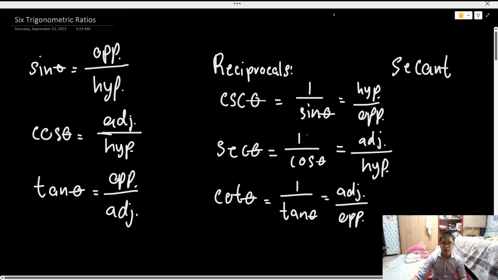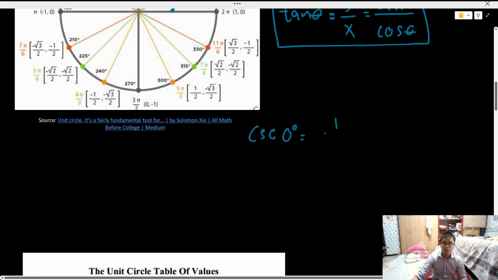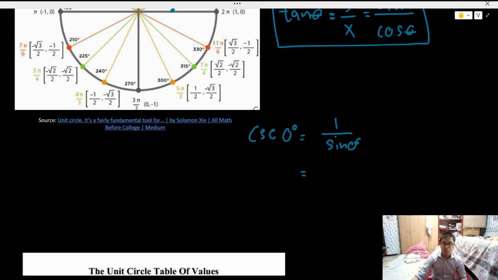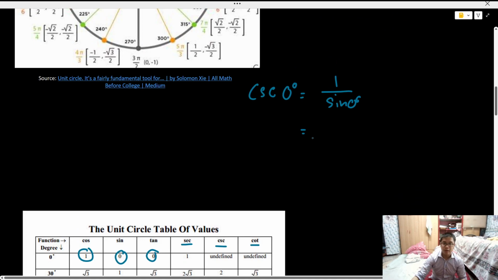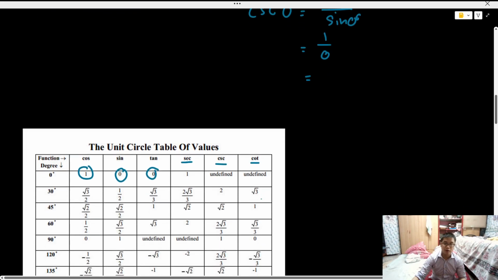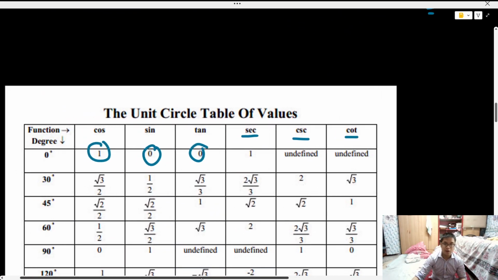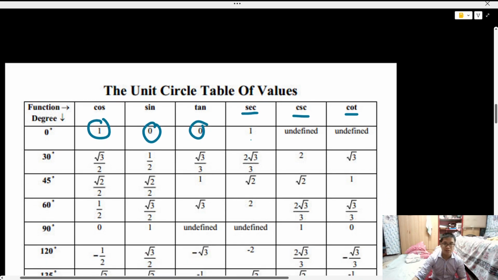According here, cosecant theta is the reciprocal of sine. So we will have 1 all over sine of 0 degree. Sine 0 degree is 0. So 1 all over 0. So it is undefined. You can experiment with it by yourself. I forgot to include the second column here, cosecant.